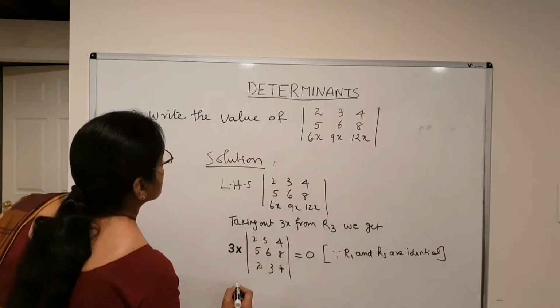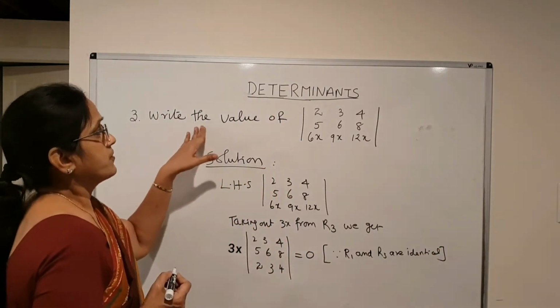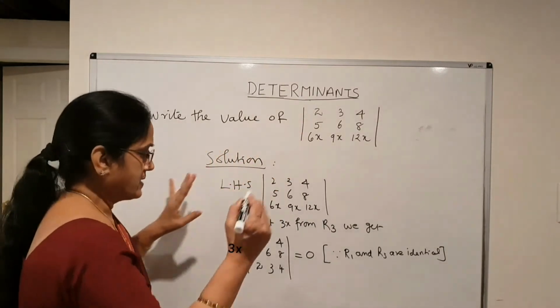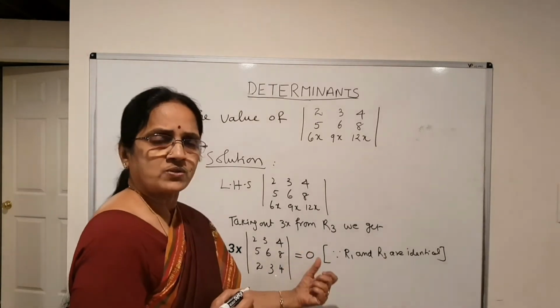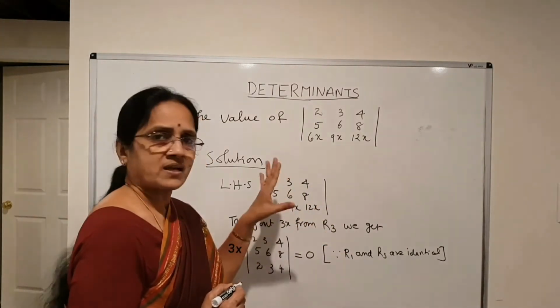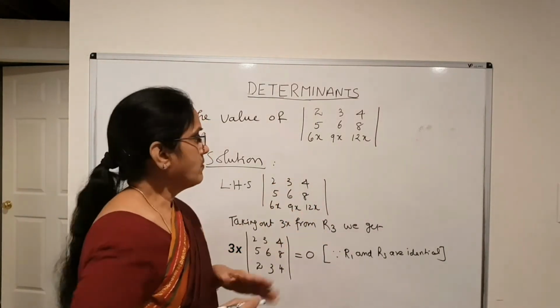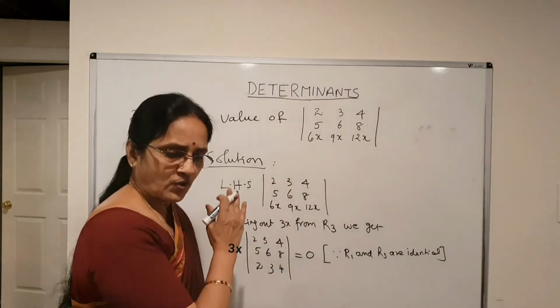Here you need to write the value of this. So your answer is going to be, value of this determinant is equal to 0. That is how you will be concluding your answer. Now let's move on to question number 4.